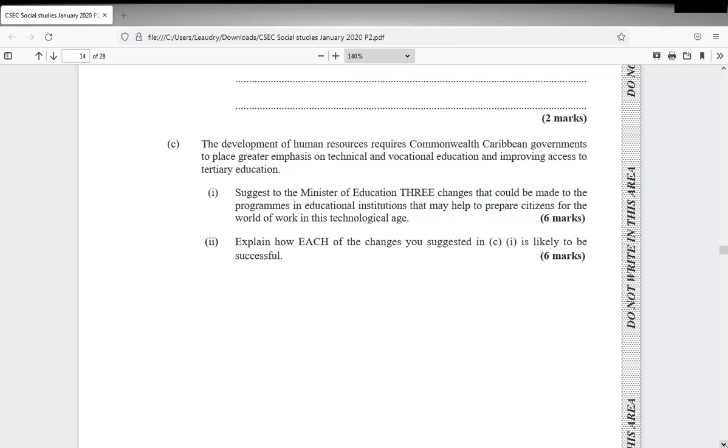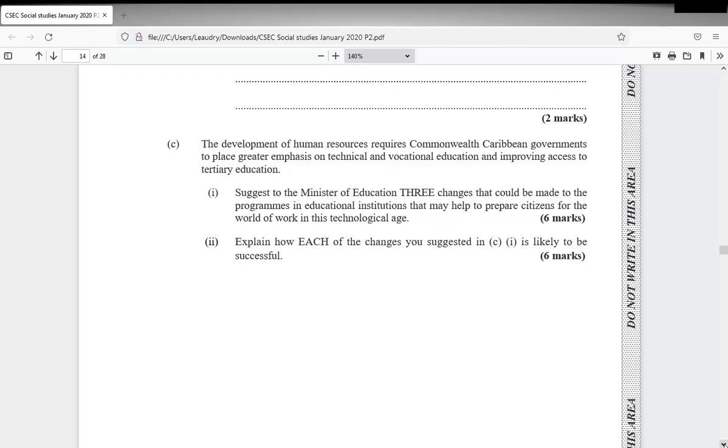So more persons can readily get certification because they can afford it. We know most of the time some students cannot go further because they can't afford it. So if the government implements these programs at an affordable price, then more students will be better equipped and prepared for the world of work.